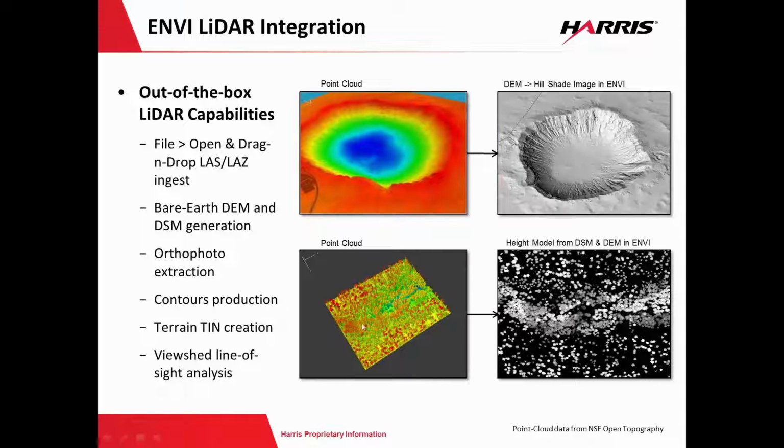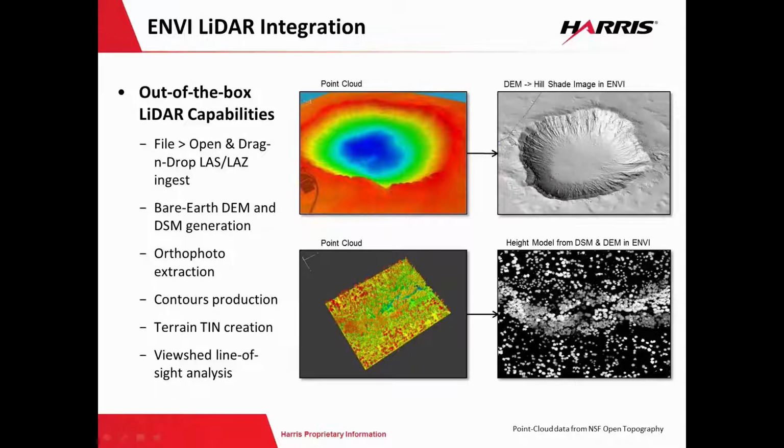The example below is an example of creating a height model. If I have a surface model and an elevation model, and I subtract the elevation model from the surface model, I then get an idea of the height of any features off of the bare earth surface. I'm actually going to demo a quick example of how that might work in ENVI and ENVI LiDAR.